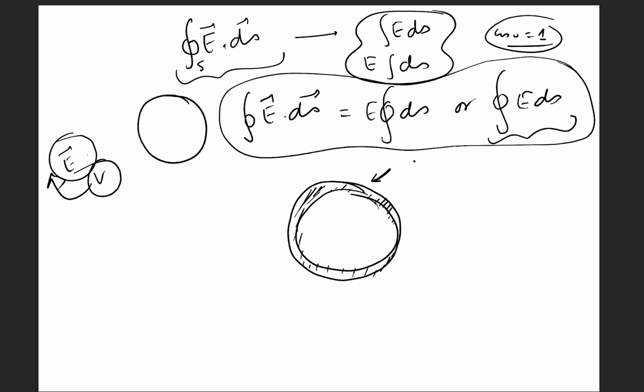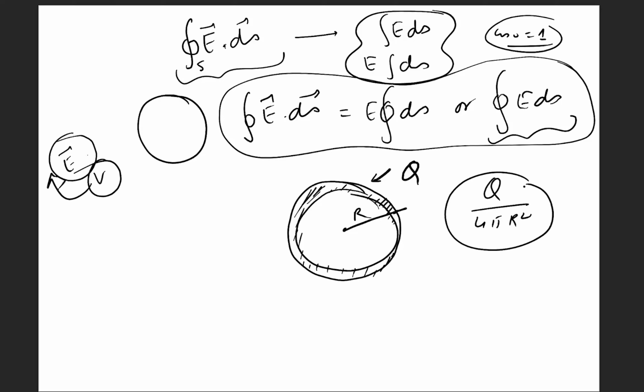Let us say the total charge is q, and the shell has a radius r, so the surface charge density will be q by 4 pi r square. Now I want to find the electric field inside this shell.